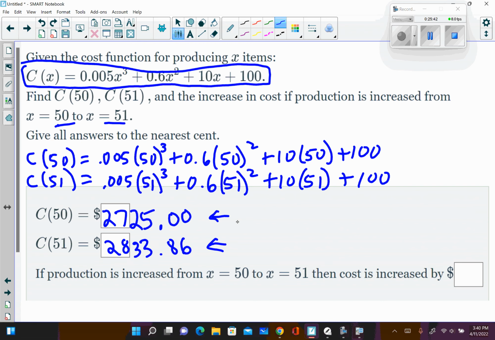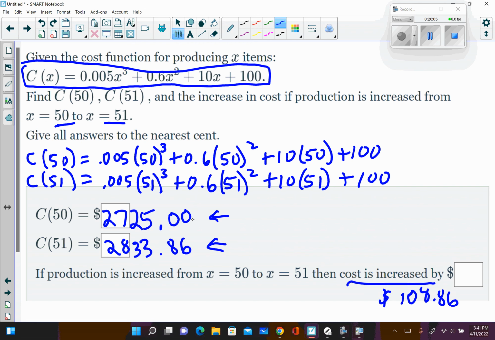So the cost is increased by 2833.86 minus 2725.00. So the increase in cost is $108.86.